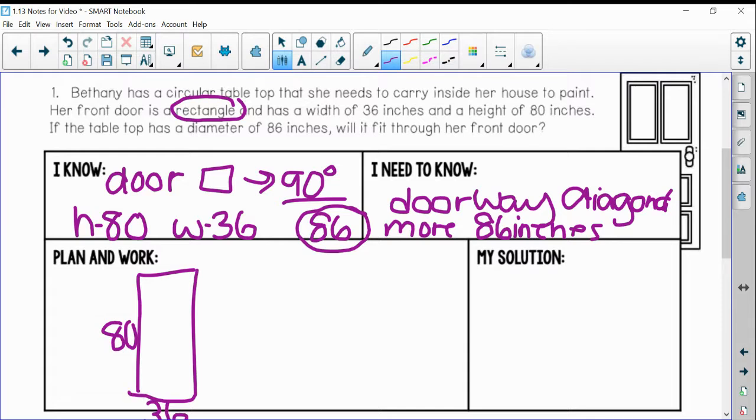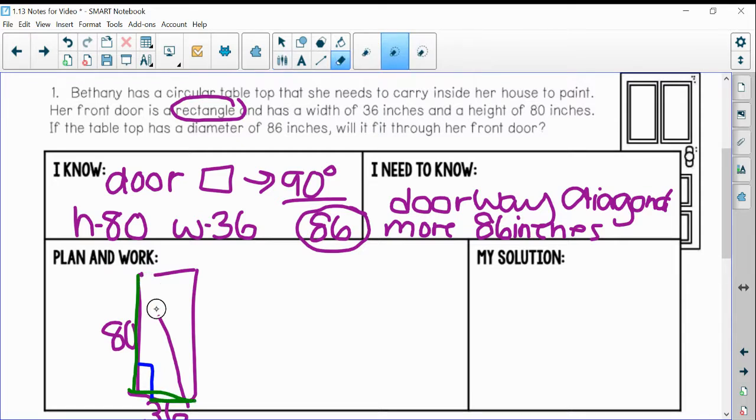In order for this table to fit, she needs to be able to turn it and have that diagonal be 86 inches. I can tell that this angle of the door is 90 degrees because it's a rectangle, and the corners of a rectangle are 90 degrees. So I know my two sides that form that right angle.